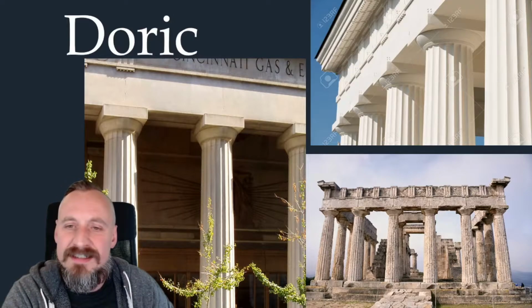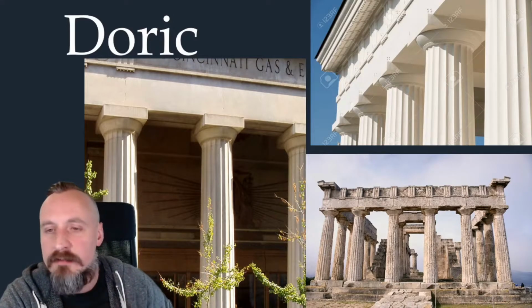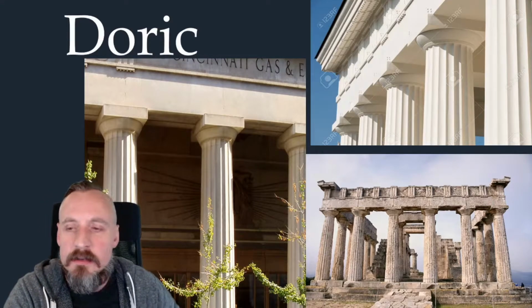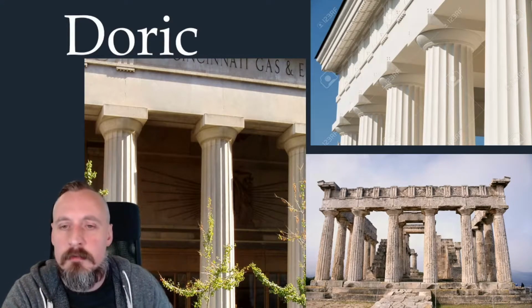For the Doric order, we see this a lot still today in neoclassical buildings, often in governmental buildings or banks or something like that, a simple round capital on top of a fluted column.